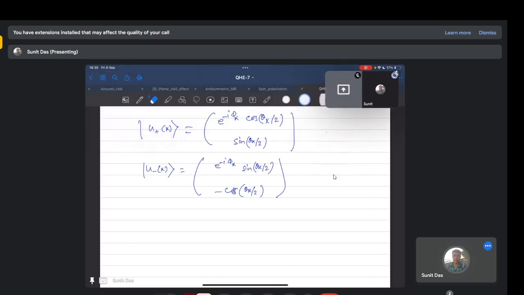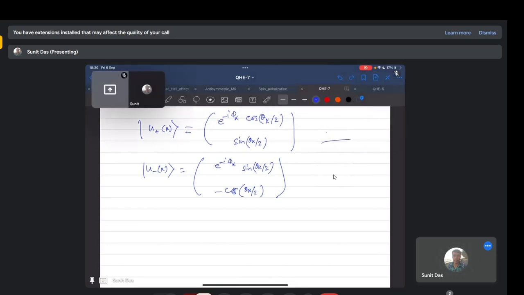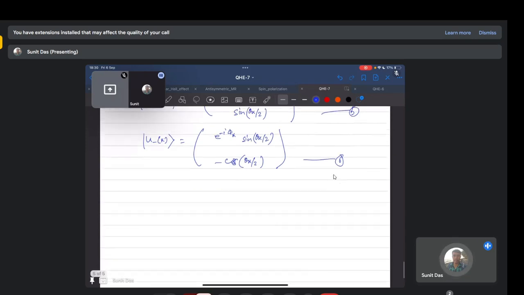Let's call these equations 5 and 6, where theta and phi are defined as follows.